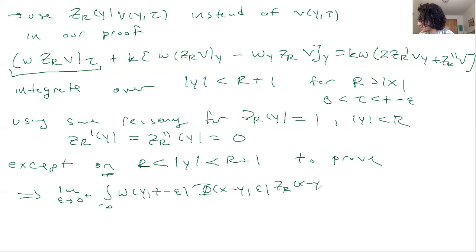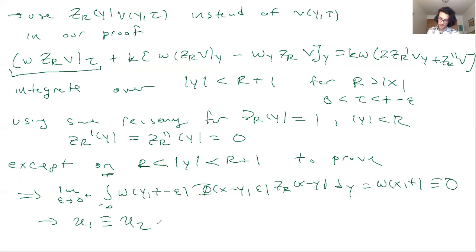It will be x minus y, okay, dy. This is going to equal w of x, t, and we can say that's equal to 0, and so ultimately that u1 is equal to u2, okay?